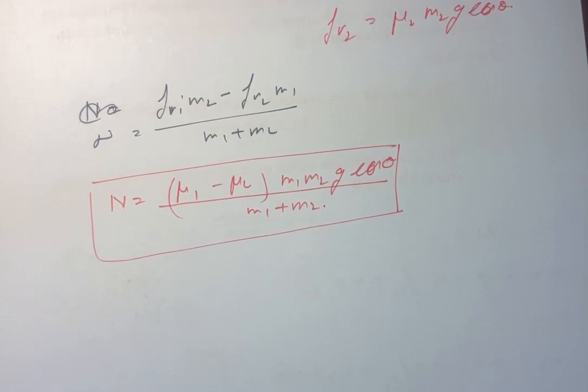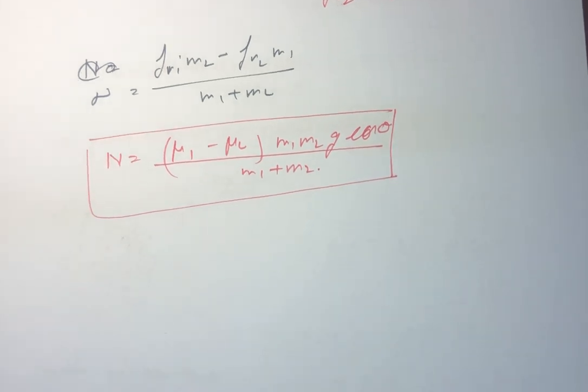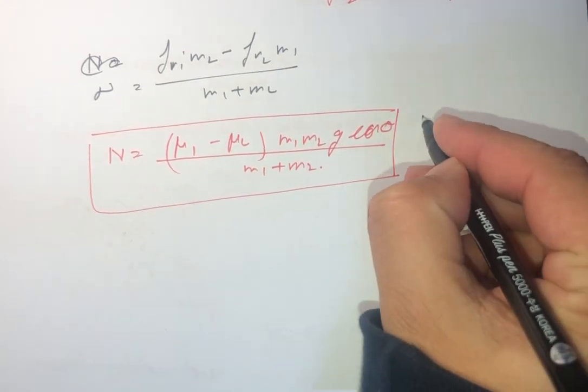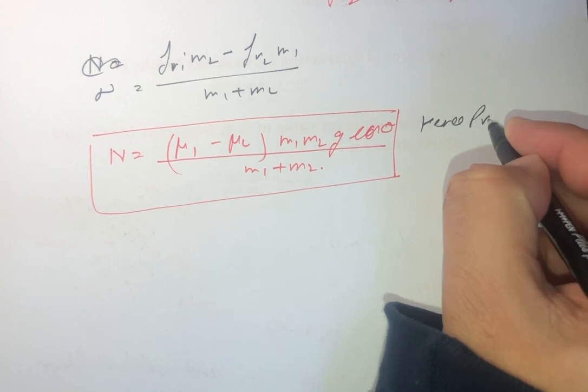In the second part, we are supposed to find the minimum value of alpha at which it starts sliding. Rather, not find but prove. The first part is hence proved.